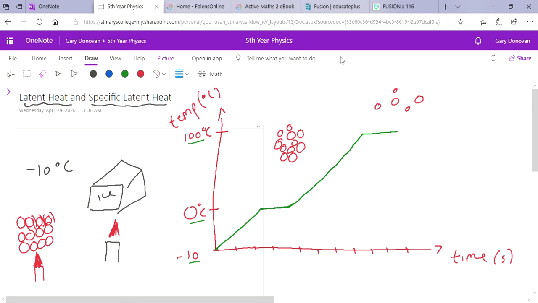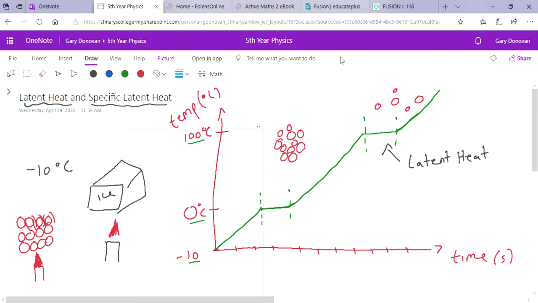Then if you could capture that steam and keep heating it up, steam can be hotter than 100 degrees, 110, 120 and so on. So these two sections are the ones we're looking at today, and the energy you supply here is known as the latent heat.